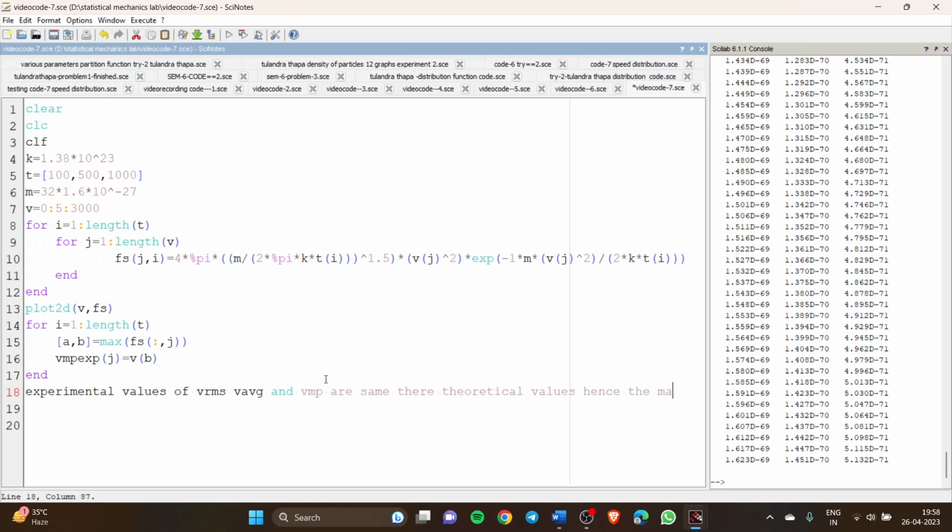Hence the Maxwell speed distribution is proven, or you can say we have seen that it works.